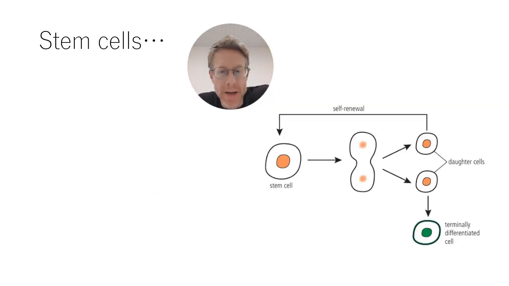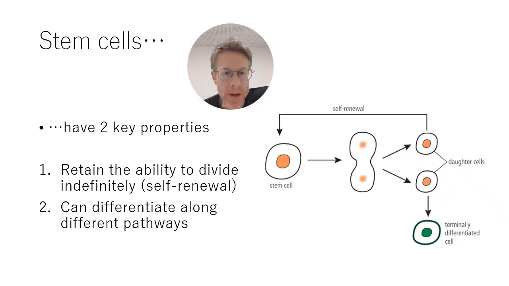What else can we say about stem cells? There's two things we can say. One is they have the ability to divide indefinitely. So they divide, making two stem cells, which then can divide again, and that can happen forever. So they have this ability to divide indefinitely, this self-renewal property.